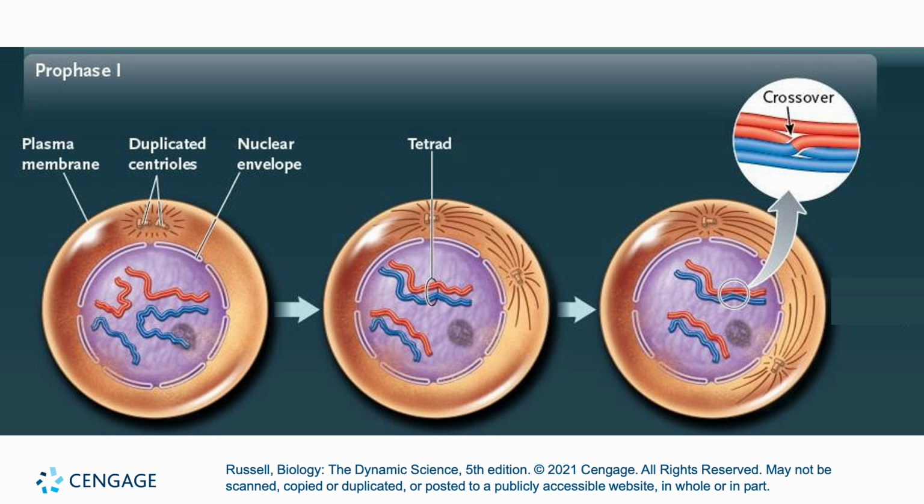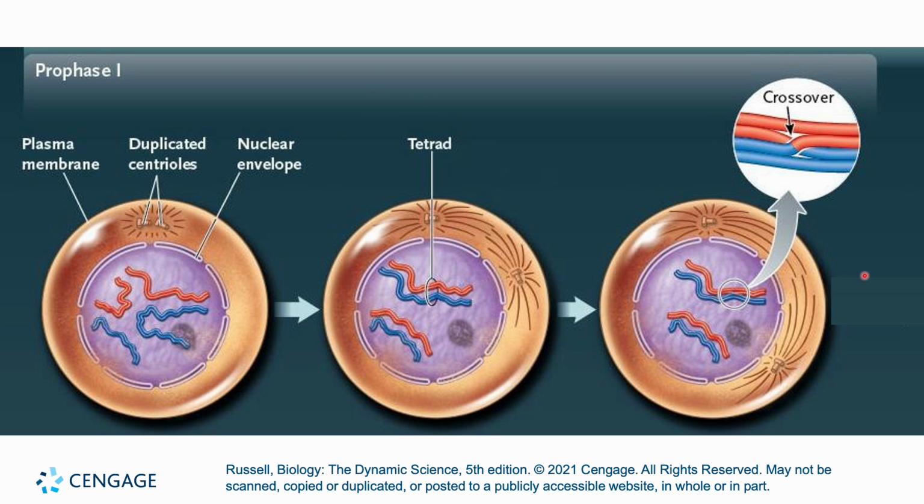But for meiosis 1, maglalagay tayo nung 1 to indicate na yun yung first meiotic division. So, instead of calling it prophase, we call it prophase 1. Okay? So, this is what happened during prophase 1. If you can notice, meron tayo ditong tinatawag na tetrad. Here. Tetrad.